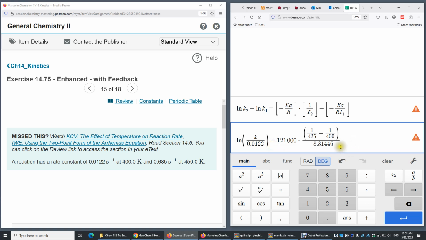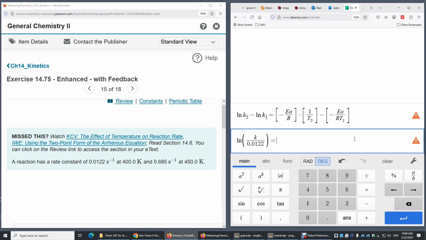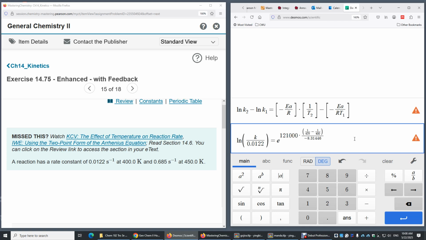Alright, and maybe we should do exponential, so to get this K over 0.0122. So let's see if we can do exponential here. I just copied this whole thing and deleted, and then e to the power of that whole thing.